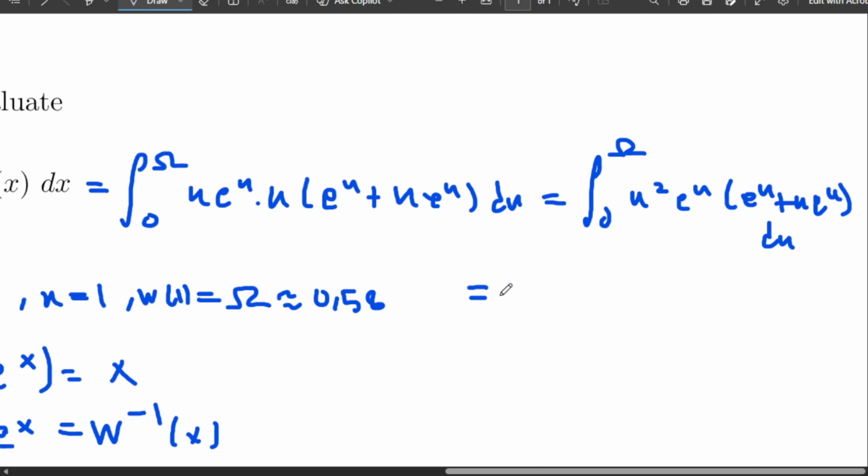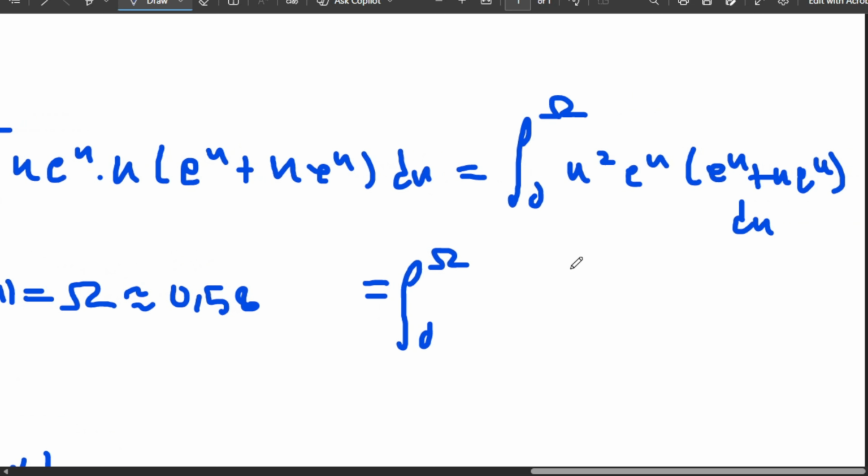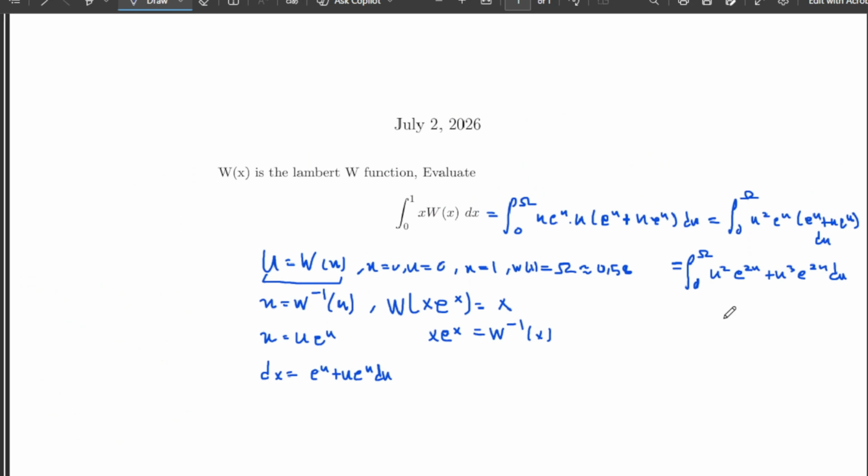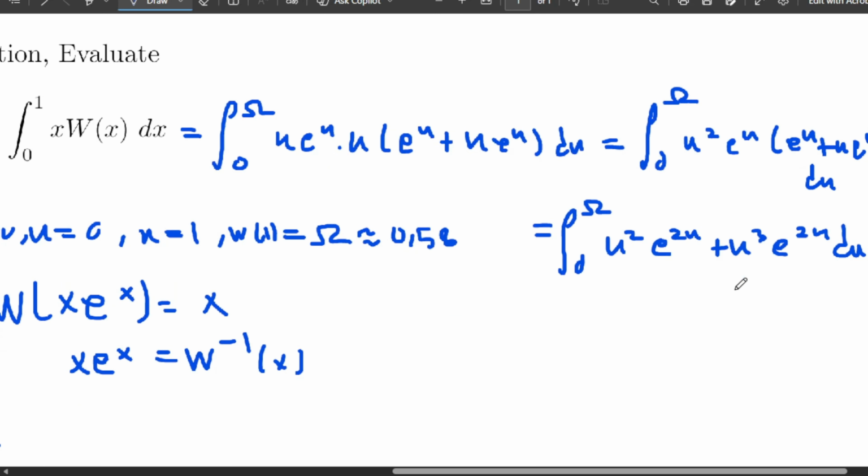Okay, integral from 0 to omega of, we distribute it, so u squared e^(2u), plus u cubed e^(2u) du. So this is our integral.